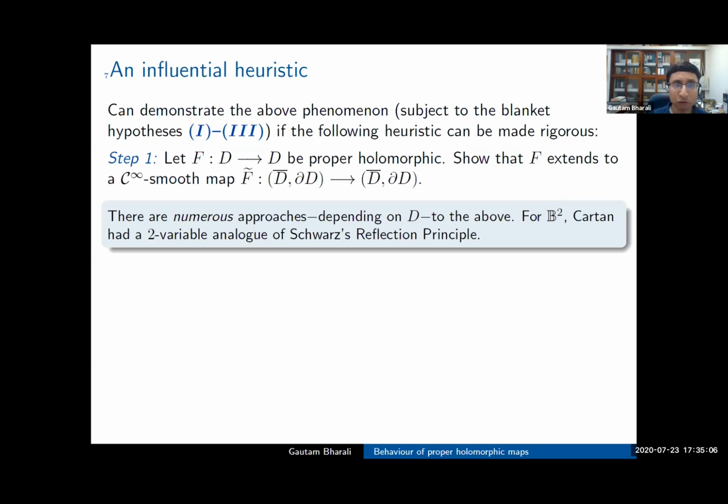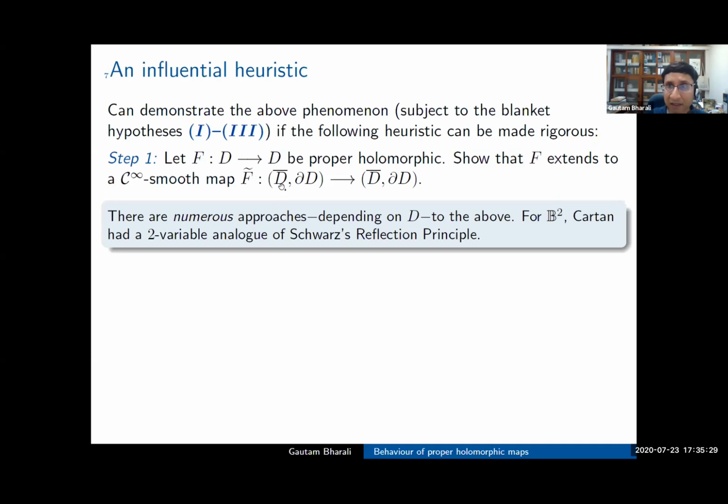Now, by the way, I do want to point out that this is a hard first step. I mean, come on, I'm demanding something really significant, right? Because in general, why would you even expect such a map to extend even continuously to the boundary?